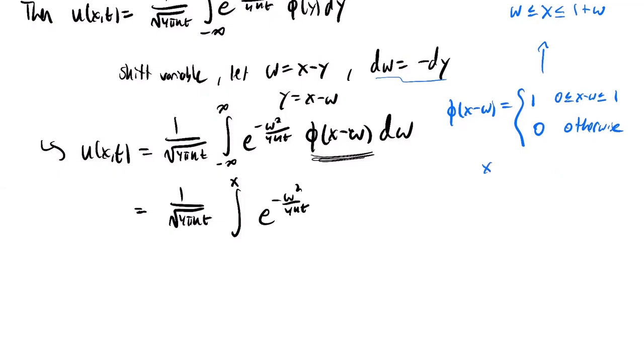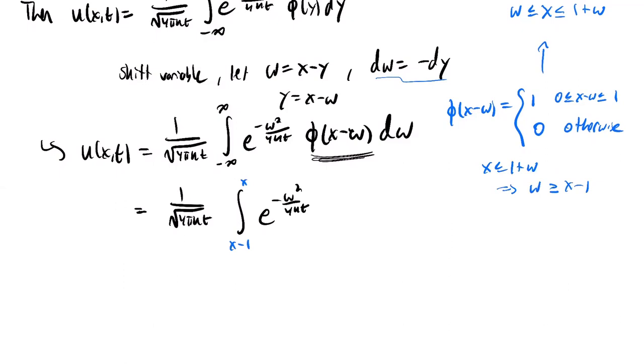Because if x is less than or equal to 1 plus w, this implies that w is always bigger than or equal to x minus 1, right? And so this tells me the lower bound should be x minus 1. Right, so upper bound is x, lower bound is x minus 1.